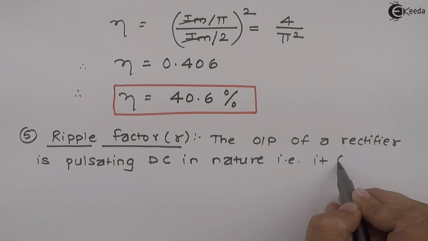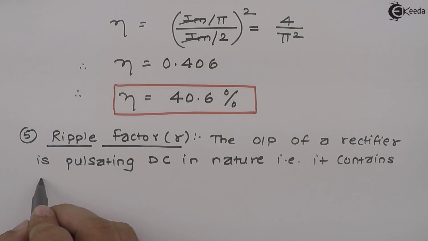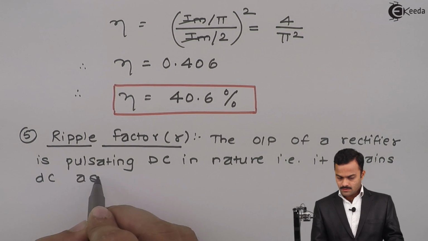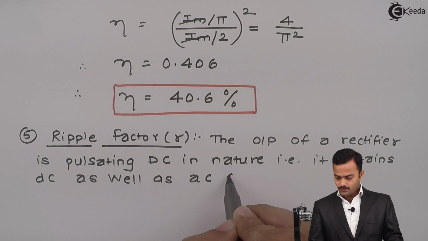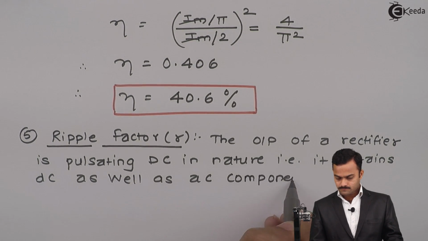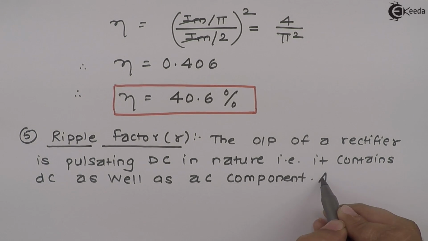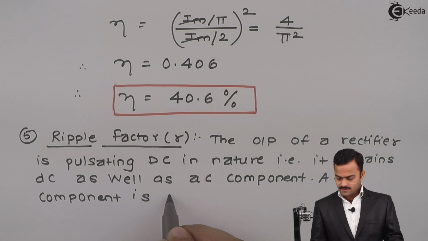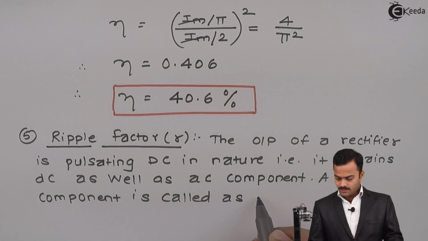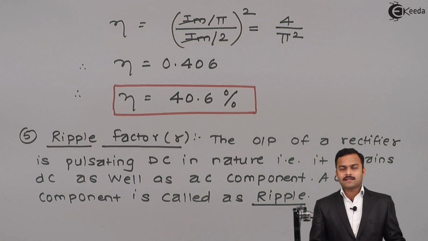What is the meaning of pulsating DC? It contains DC as well as AC component, and that AC component is called as ripple. So what is the ripple factor?